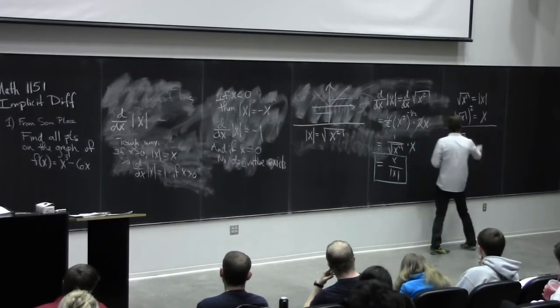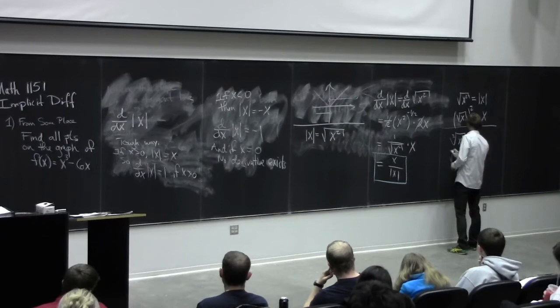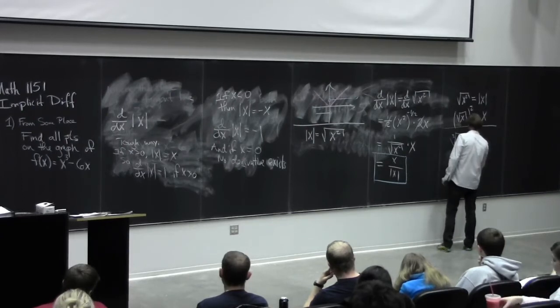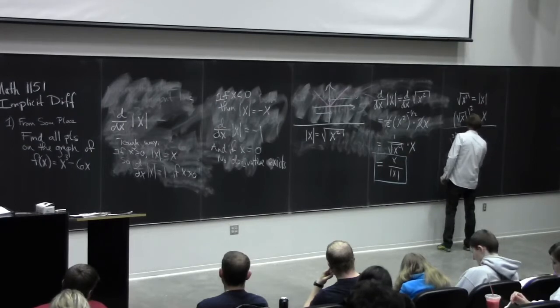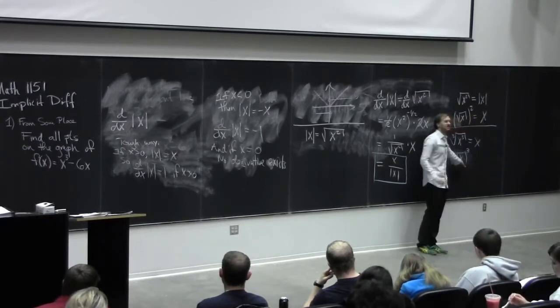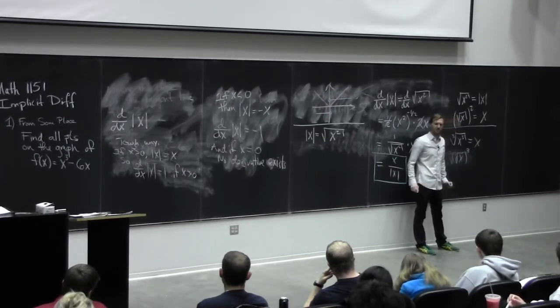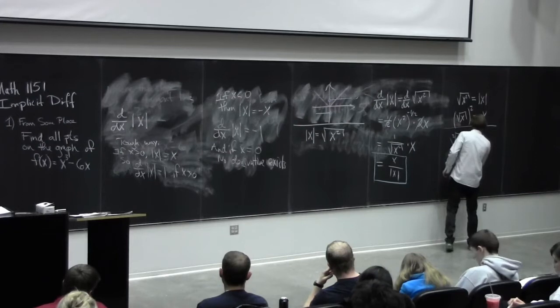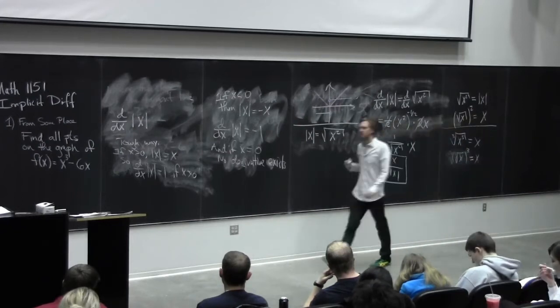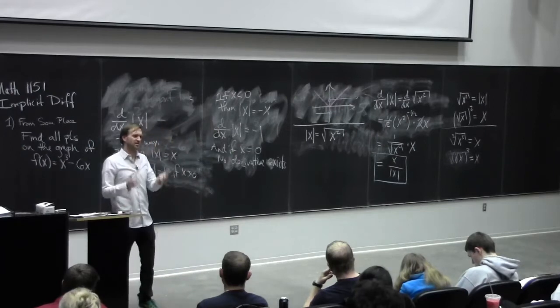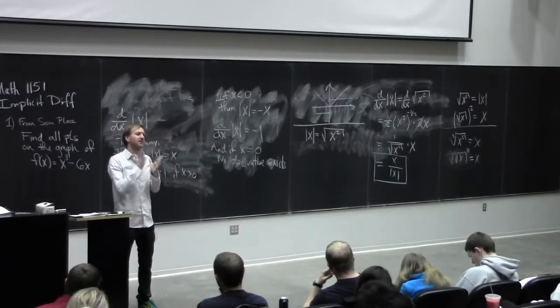That's equal to x. Sorry, I'm going a little crazy here. The cube root of x cubed. That's equal to x. What's the deal here? Why do we have this kind of weird asymmetry? What's different about x cubed? Yeah.